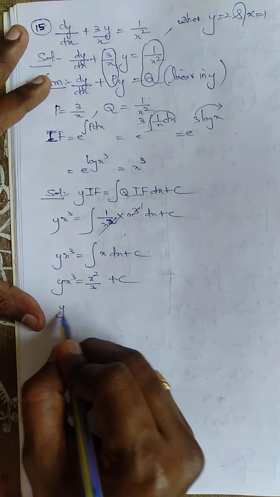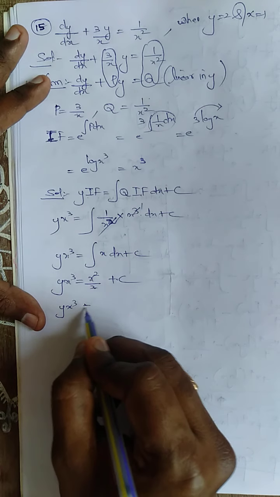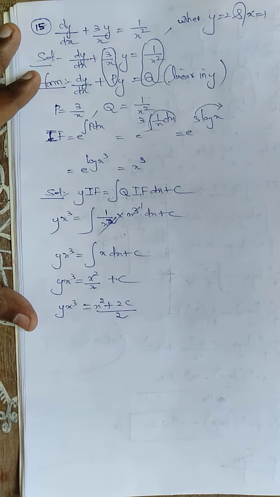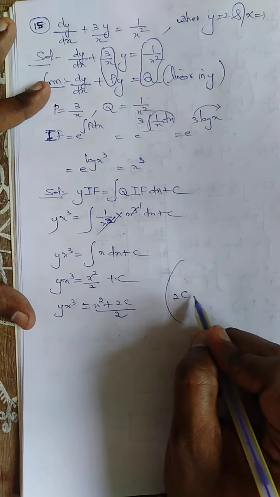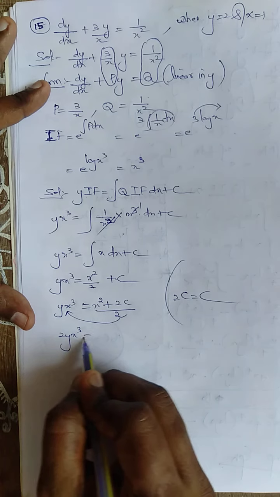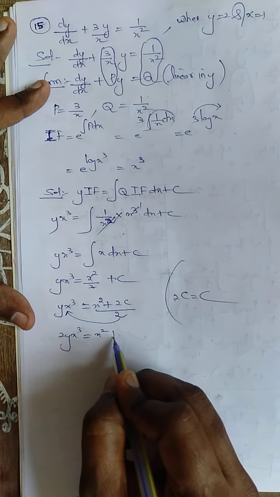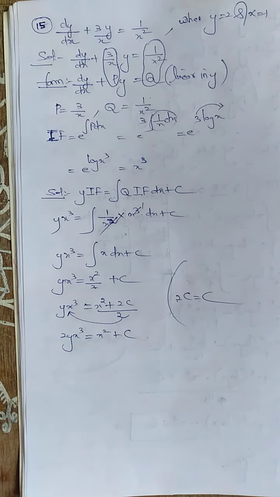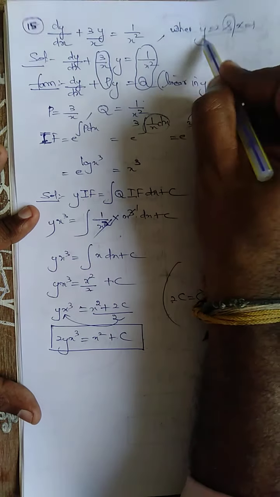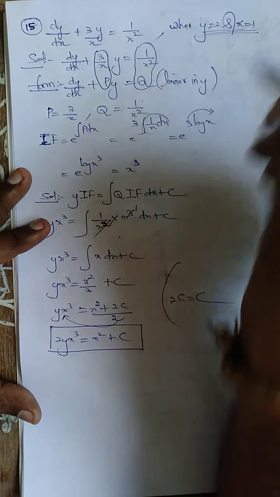So cross multiply: y into x cube is equal to x square plus 2c divided by 2. But you know 2 is a constant, c is a constant, so we can take another constant. Let 2 move here: 2y x cube is equal to x square plus c. Keep it as it is. What is given? Y equal to 2 and x equal to 1.